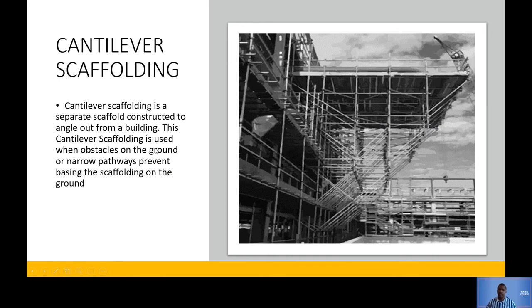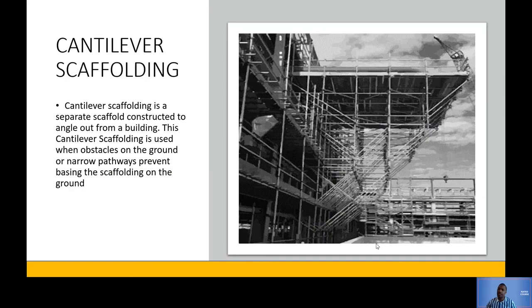This cantilever scaffolding is used when obstacles on the ground or narrow pathways prevent basing the scaffold on the ground. So if there is some sort of obstruction on the ground, for example, in this picture, it's not so clear, but there's actually a swimming pool right at this scaffolding.